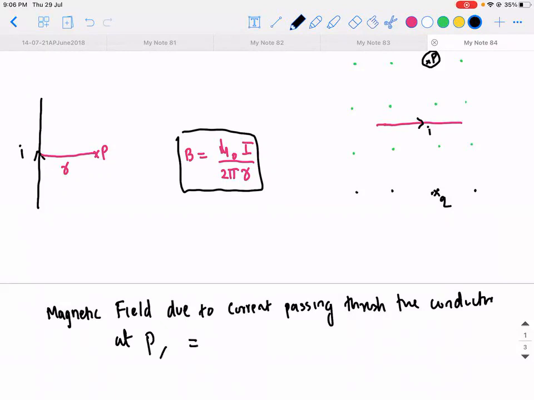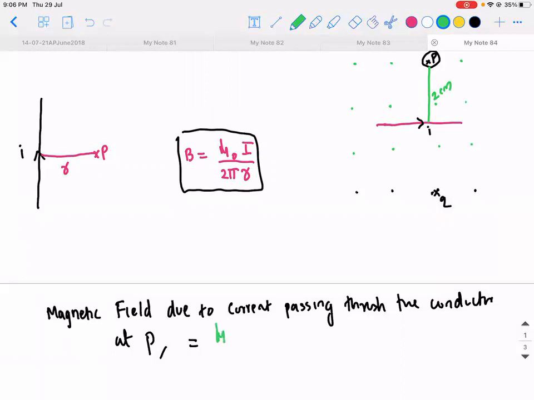The magnitude: it is 2 centimeters away, therefore the distance R is equal to 2 centimeters.